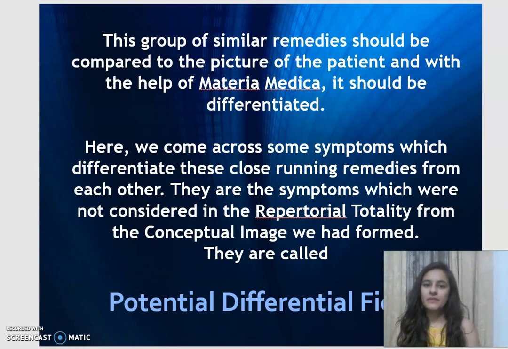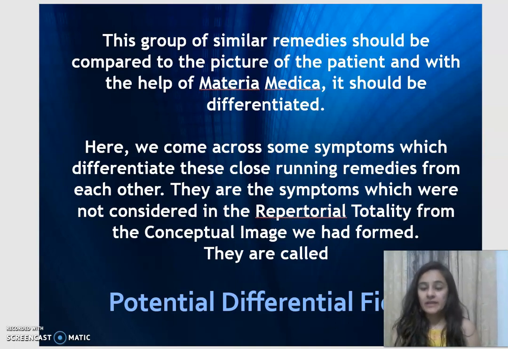This group of similar remedies should be compared to the picture of the patient with the help of Materia Medica. It should be differentiated. Hence, we come across symptoms which differentiate these close running remedies from each other. These are symptoms which were not taken earlier in the repertorial totality, and these are very characteristic symptoms.